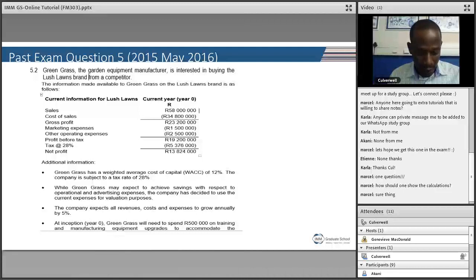Remember they said all revenue, costs and expenses, so I'm also going to increase this at 5%, times 1.05. It gives your cost of sales for year 1 as 36,540,000. I'll also escalate times 1.05. It will give you 38,367,000.